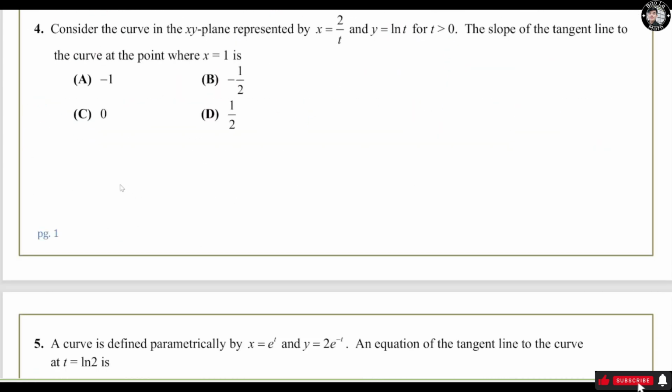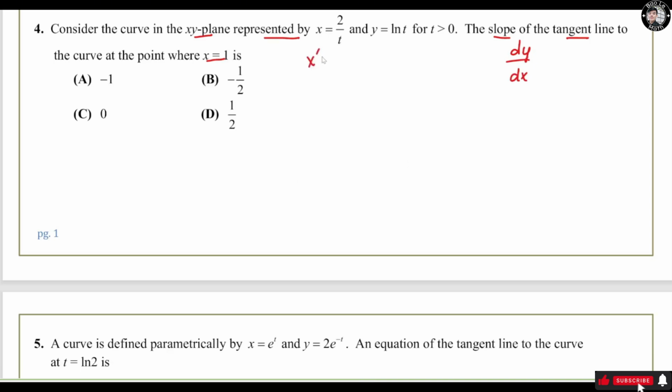Now question 4. Consider the curve in the xy plane represented by x equals 2 over t, y equals ln t for t greater than 0. The slope of the tangent line to the curve at the point where x equals 1 is, right, the slope, which means dy over dx, right? So we need to take the derivative of this one first.